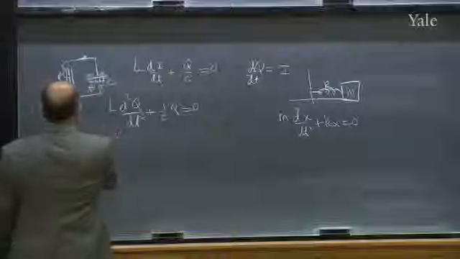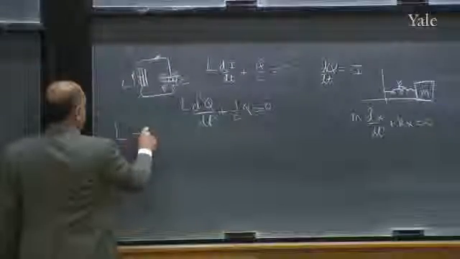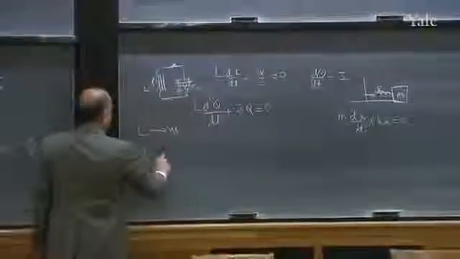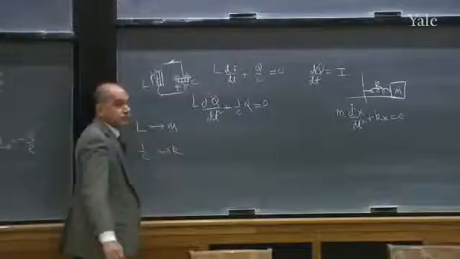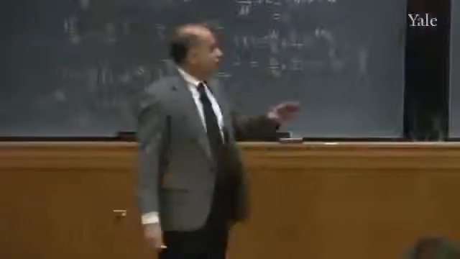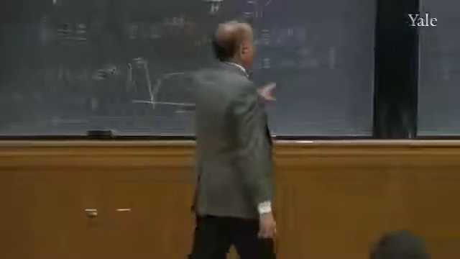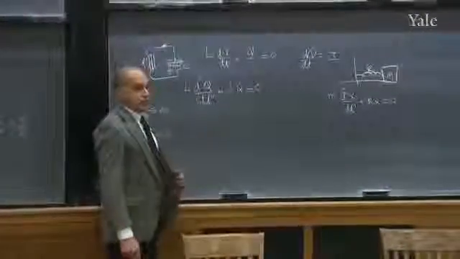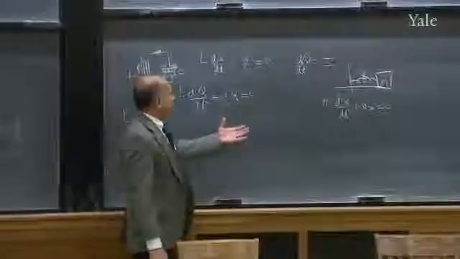And L, this is an SAT question, L is to m what 1 over C is to k. It's very useful to bear in mind this analogy, because mathematically, this equation and this equation have exactly the same solution. It's no more difficult to solve this one than that one.